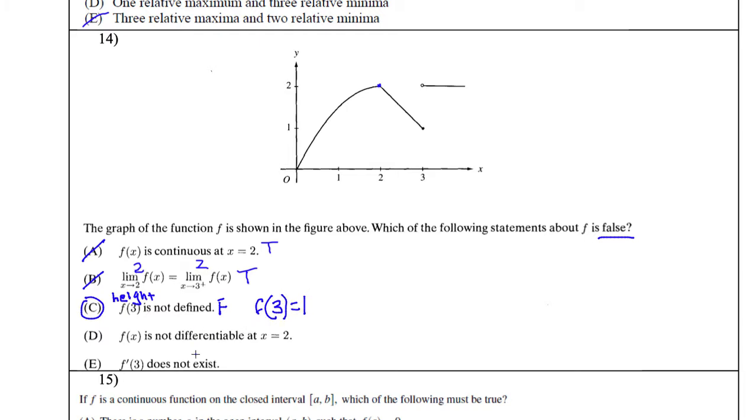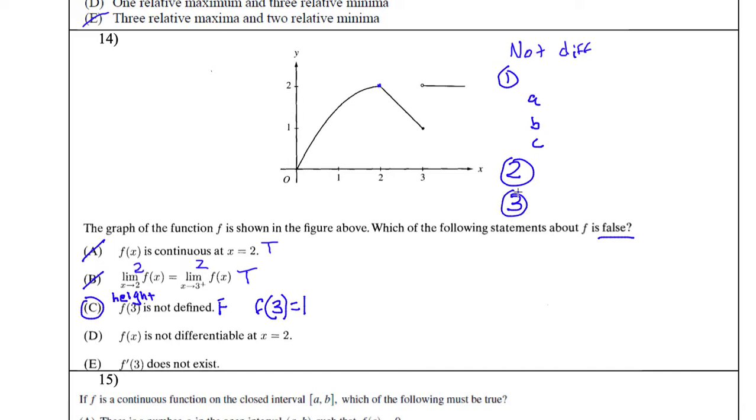Let's talk about why these other ones are true. F of x is not differentiable at x equals 2. What are the things that will make you not differentiable? I'll list them up here. There are only 3 things that you need to know: 1, 2, and 3.